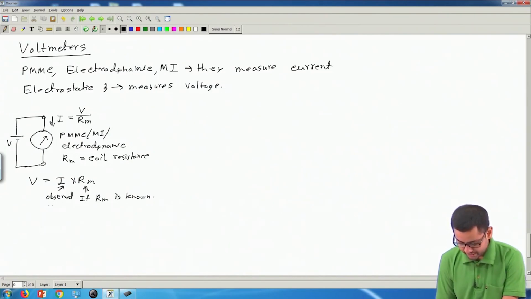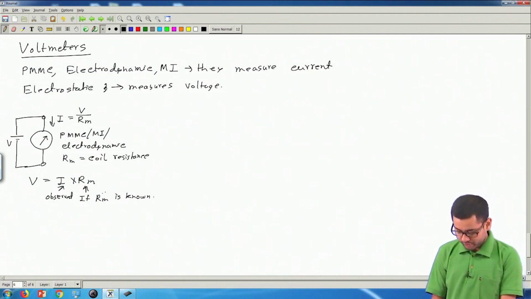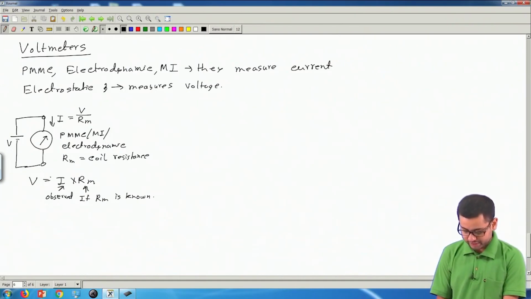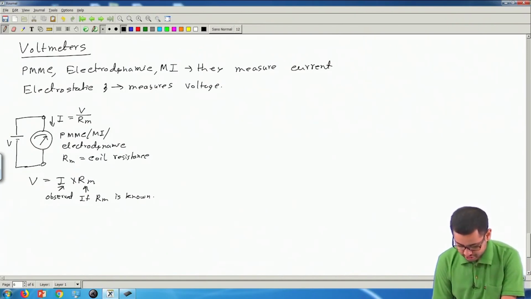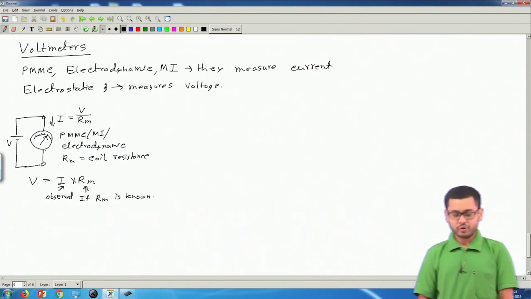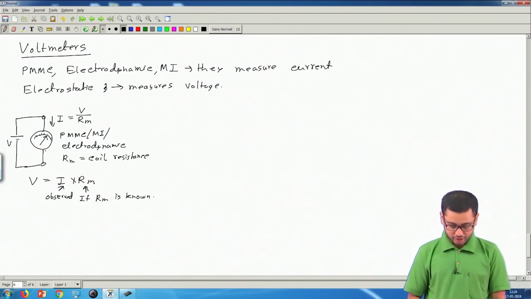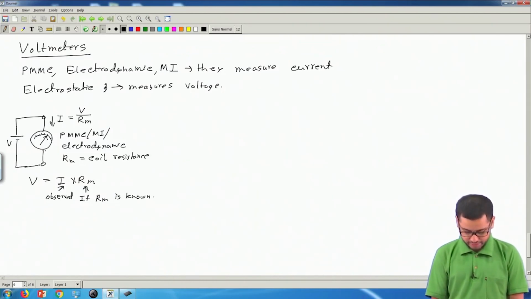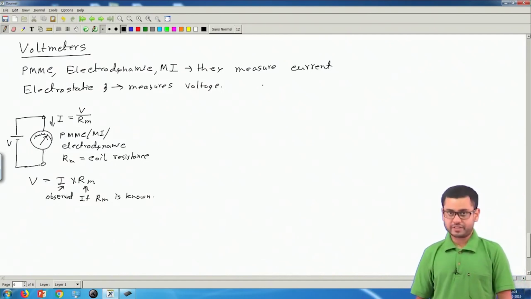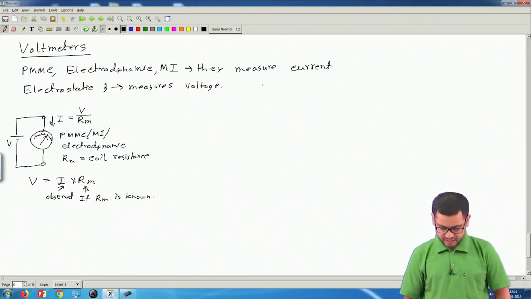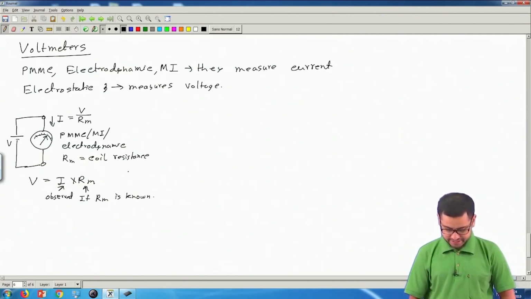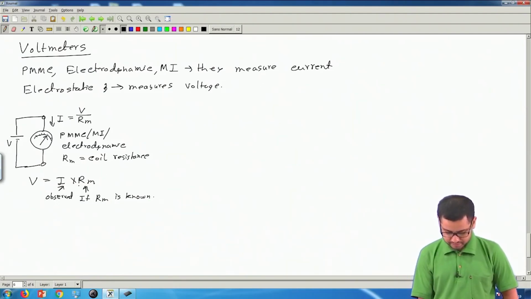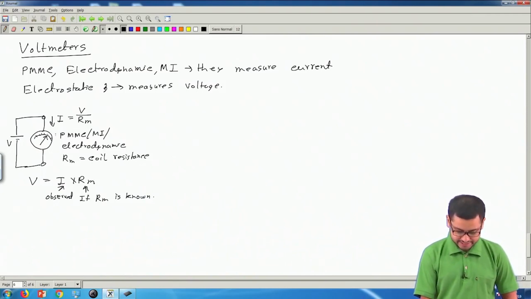So, I is indicated by the position of the pointer, then V can be found. So, I can mark the scale of the instrument in terms of the voltage instead of the current. So, using Ohm's law, we can measure any voltage using this type of instruments. That's very easy.